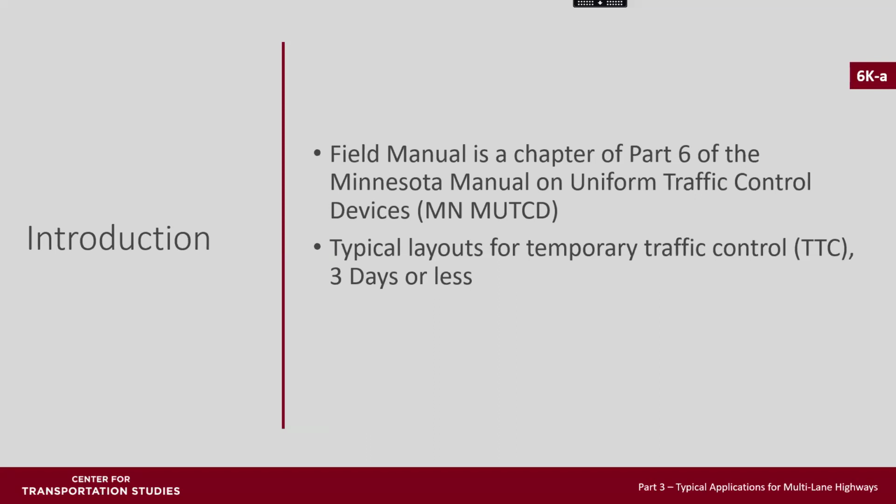Standards described within this manual may also be used by private agencies on facilities which they control that are open to public travel. The field manual is part of the Minnesota Manual on Uniform Traffic Control Devices that covers temporary traffic control that's in place 3 days or less.